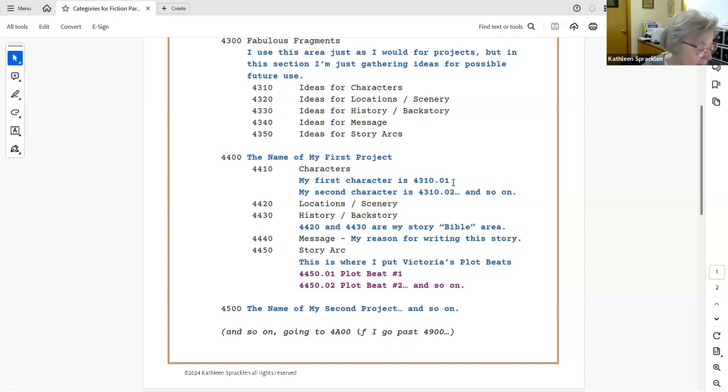I don't have the interesting idea of having the characters that are related to a given character as a breakdown. I think that's a lovely addition of Victoria's. You could probably arrange it to work for yours. If you think about it, make your first character .10 and their sub-characters .11, and you could have the same thing that Victoria does.